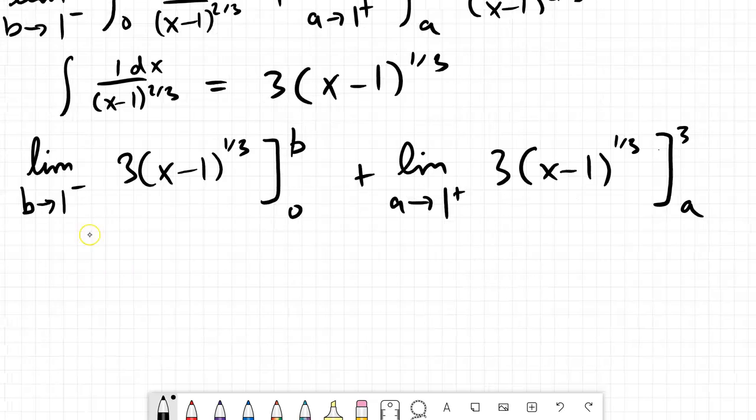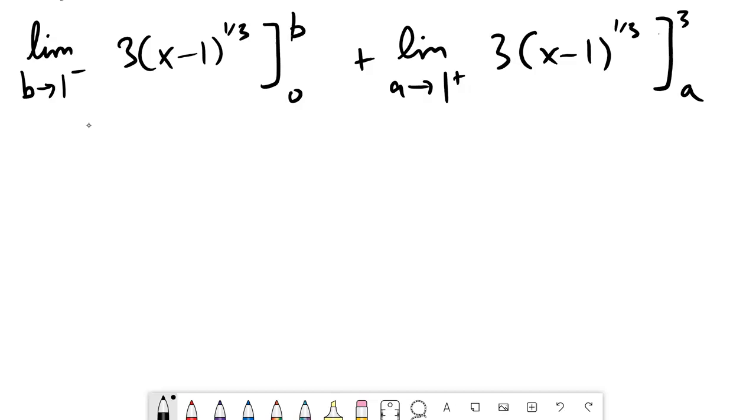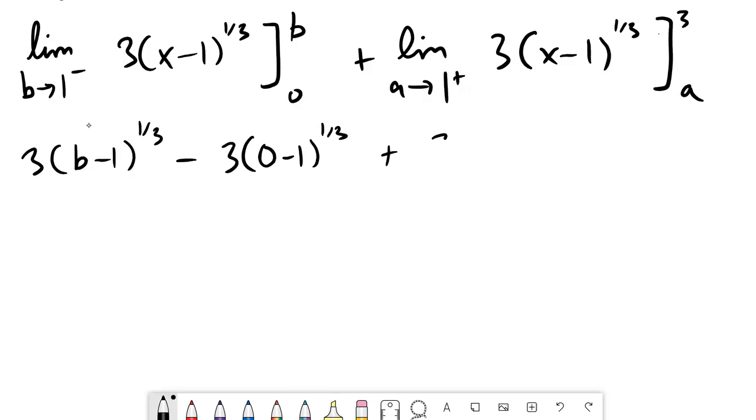So I'm going to scroll down from here. Let's just plug in what b is here. We're in 0, so it's 3b minus 1 all to the 1/3 power, minus 3 times 0 minus 1 to the 1/3 power, plus 3, let's see, 3 times 3 minus 1 to the 1/3 power, minus 3 times a minus 1 to the 1/3 power.